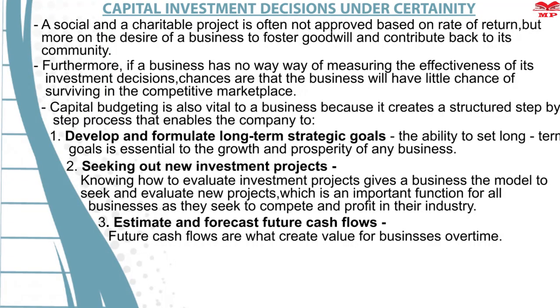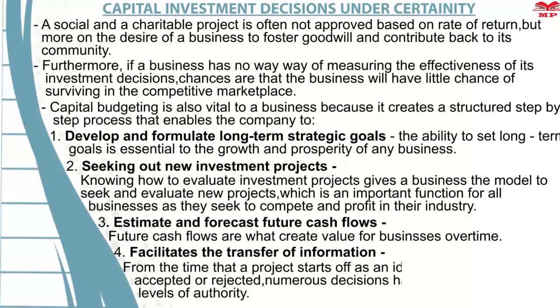Number 4, it facilitates the transfer of information from the time that a project starts off as an idea to the time it is accepted or rejected. Numerous decisions have to be made at various levels of authority. The capital budgeting process facilitates the transfer of information to the appropriate decision makers within a company.